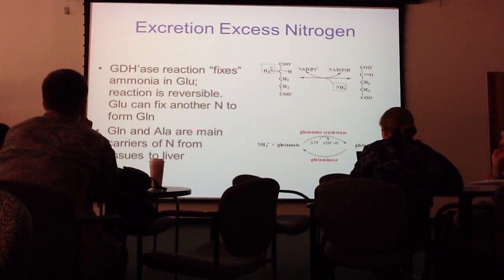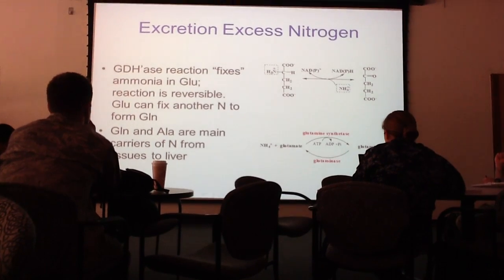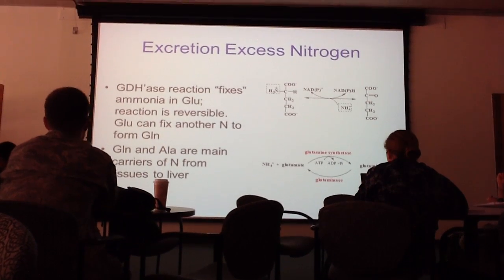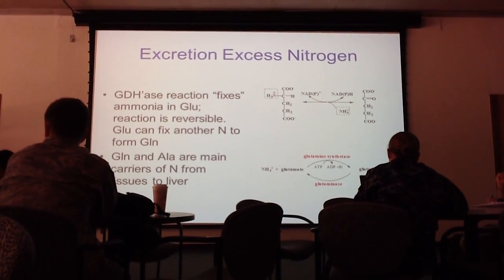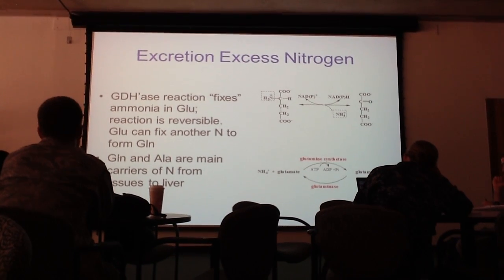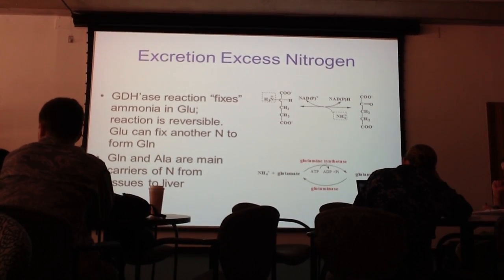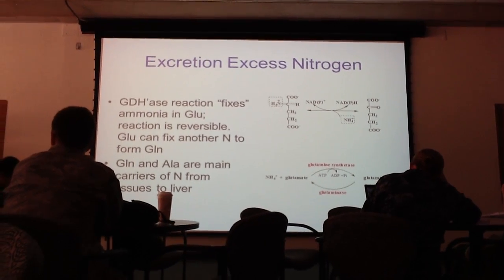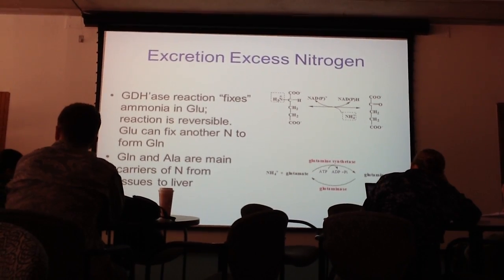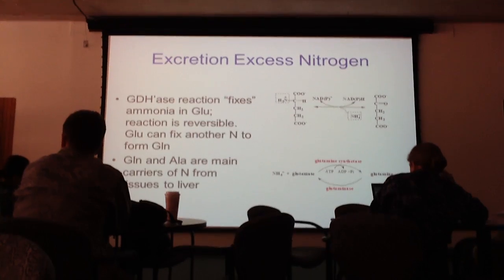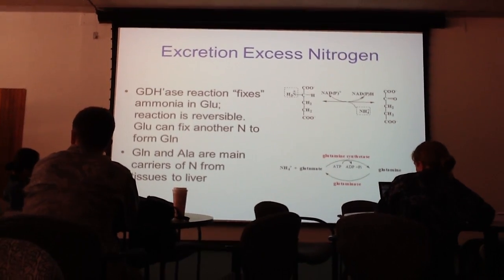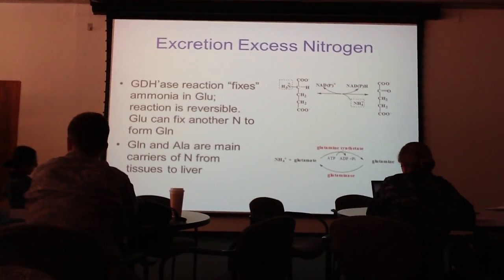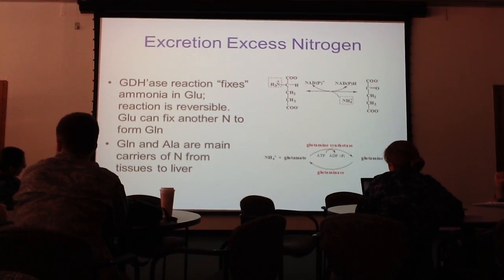So glutamine and alanine are the main carriers of nitrogen through the blood. Alanine's fate is usually to be picked up by the liver, where the carbon skeleton is converted to glucose. Think of the carbon skeleton of alanine as pyruvate. So alanine goes to the liver, its carbon skeleton, pyruvate, goes to glucose, and the nitrogens are released and wind up being excreted as urea. Glutamine has a number of other fates because it has a number of important uses.